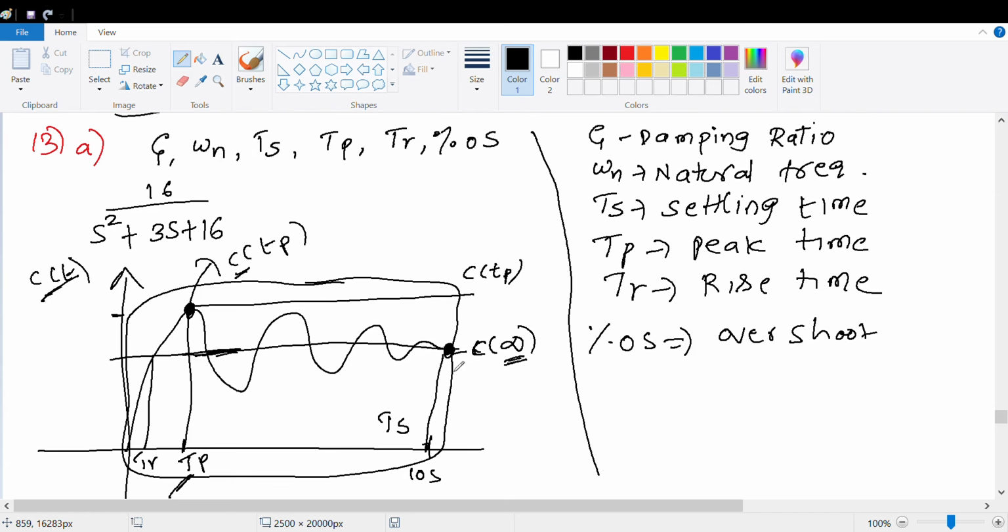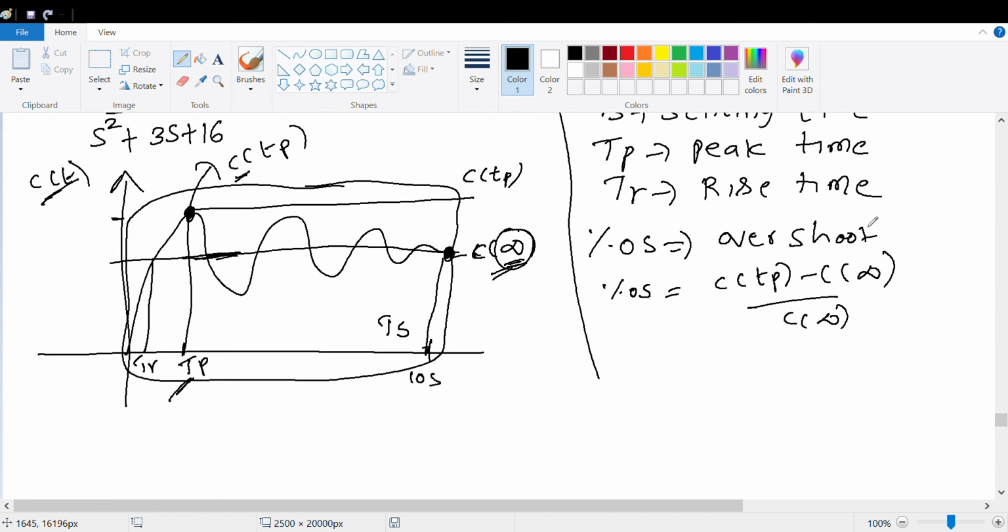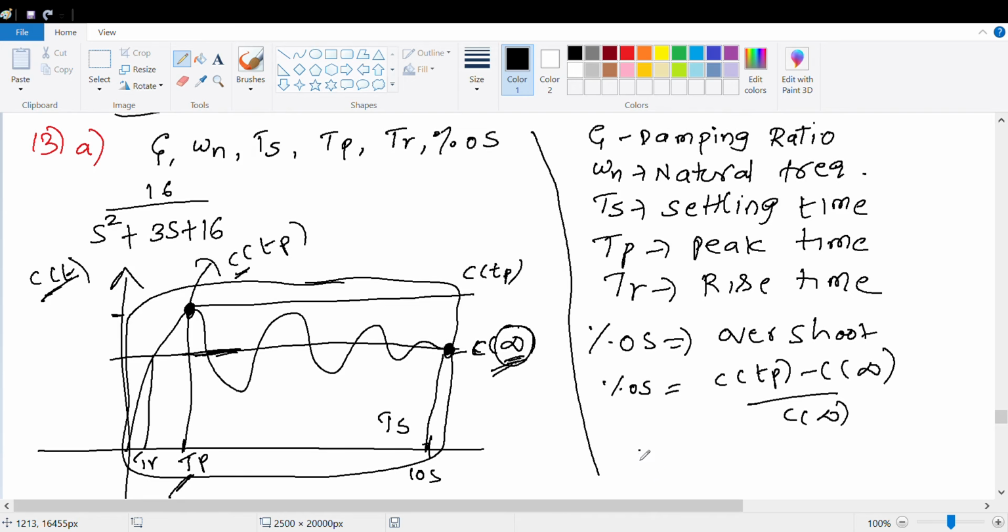Now percentage overshoot is c of tp minus c of infinity by c of infinity. One more formula for percentage overshoot is e power minus zeta pi by square root of 1 minus zeta square, into 100.